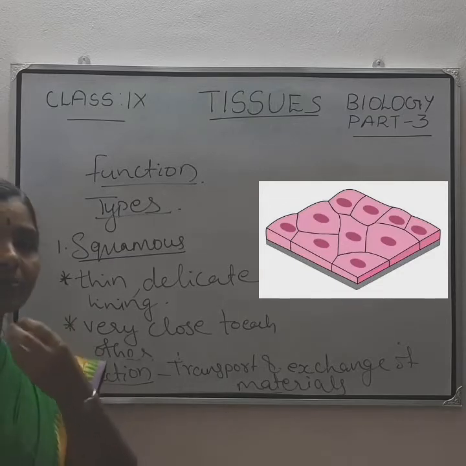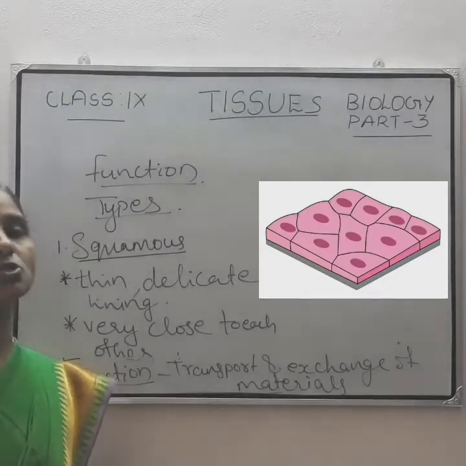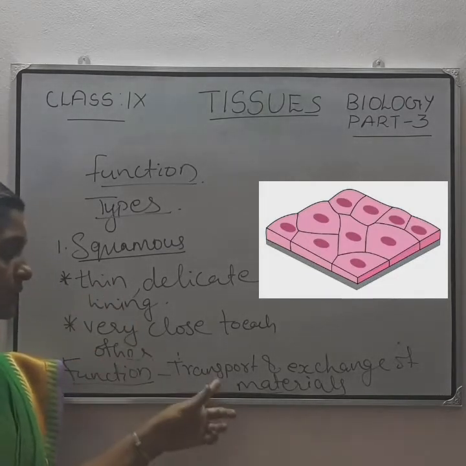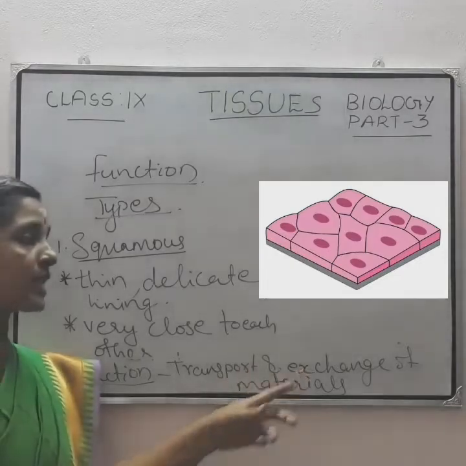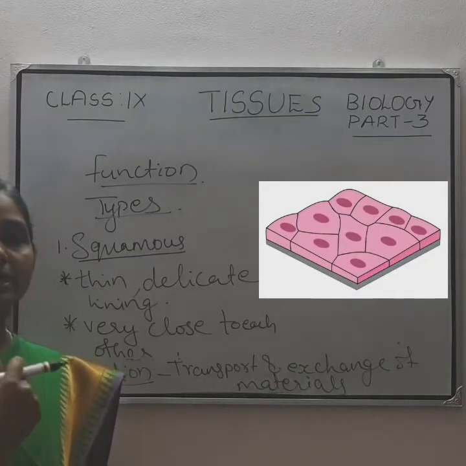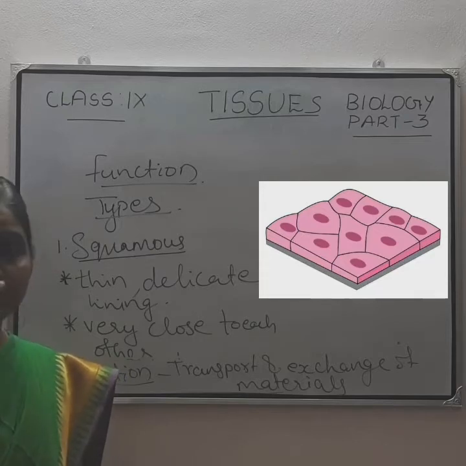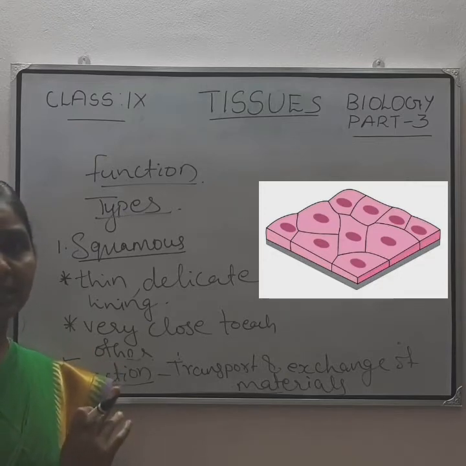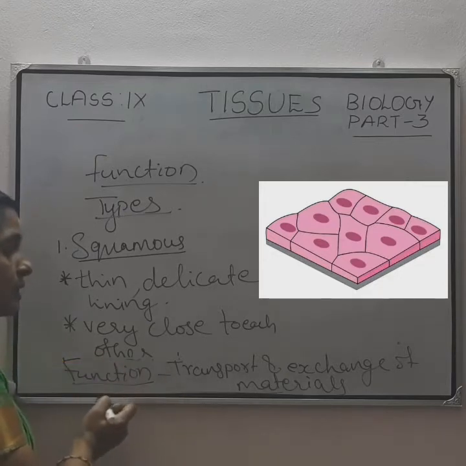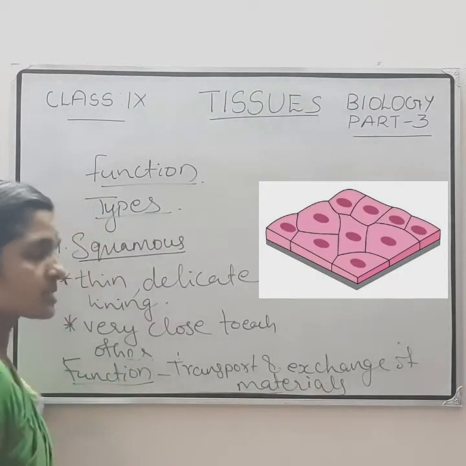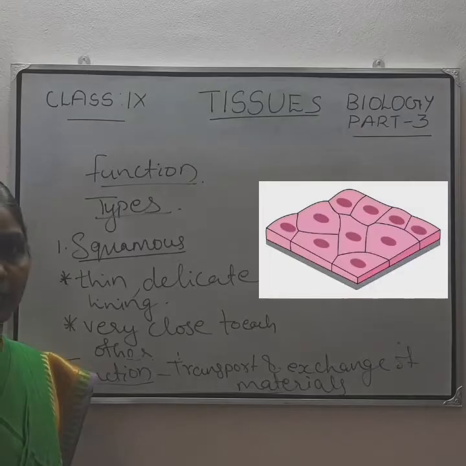The food from the mouth is transported towards the stomach through the esophagus, so it helps in transport, and also the exchange of materials. The exchange of gases takes place in the lungs, in the lung alveoli, which are also made up of squamous epithelial tissue. So its function is to help in the transport and exchange of materials. That's about squamous epithelia.